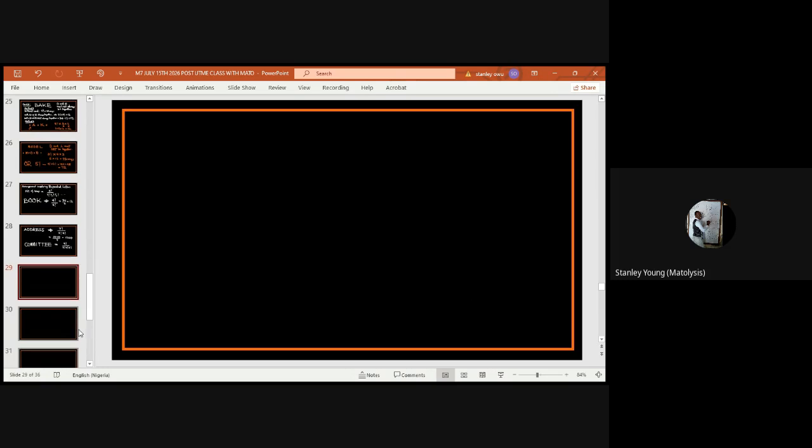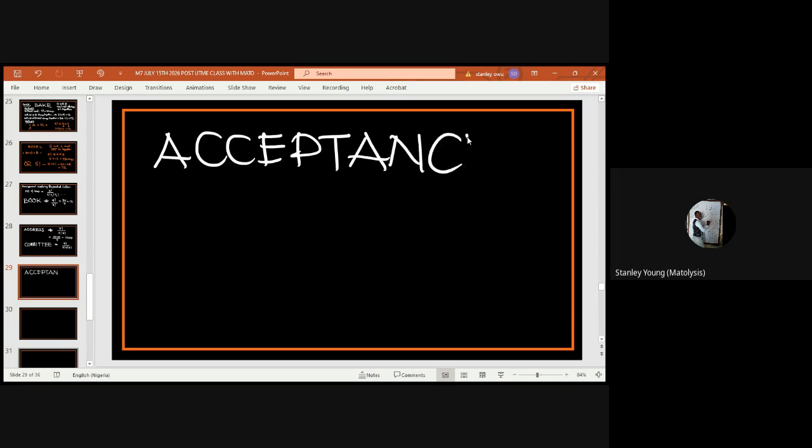Okay, let me pick a question from the past questions. Here they use the word acceptance. And they gave options. In how many ways can the letters of the word acceptance be arranged? Option A, 10 factorial. B, we have 10 factorial over 2 factorial, 2 factorial, 3 factorial.